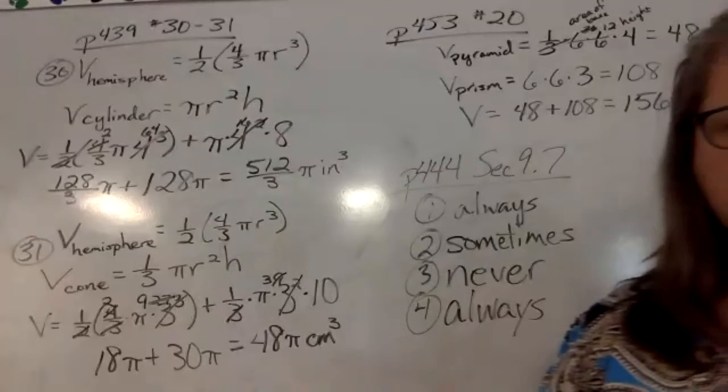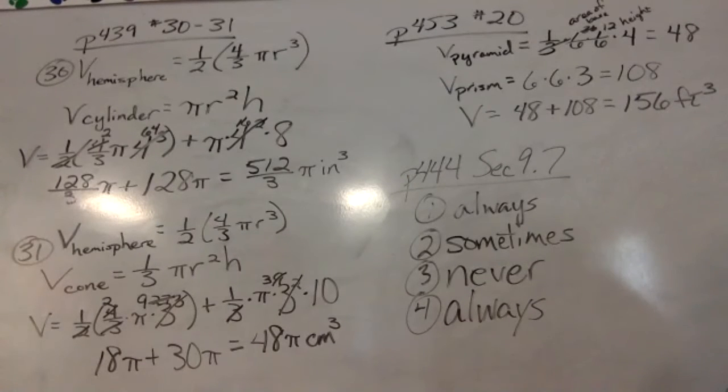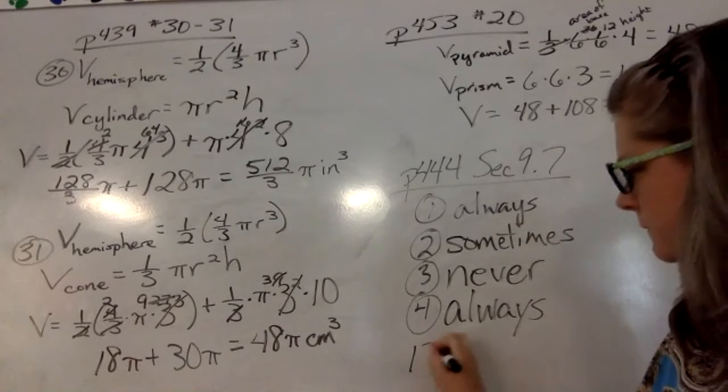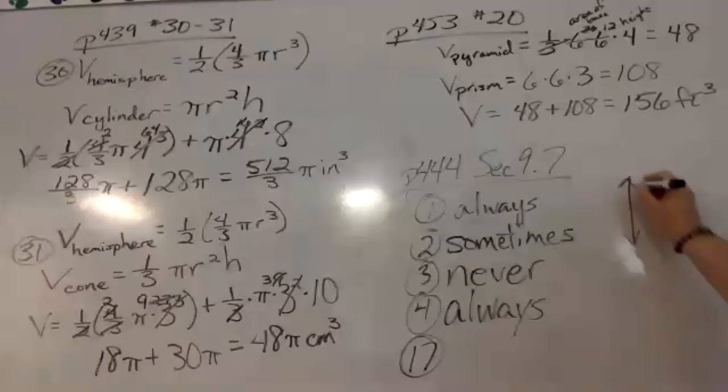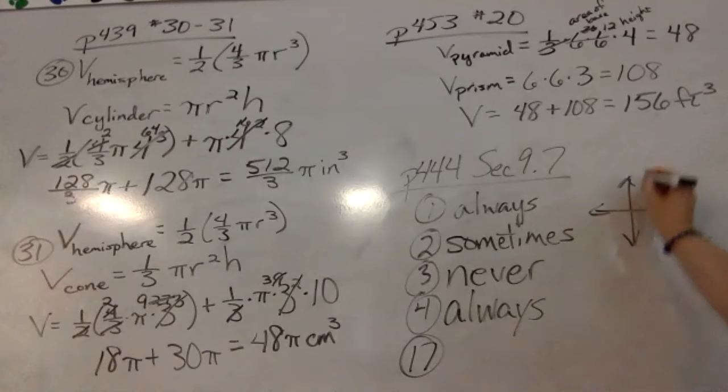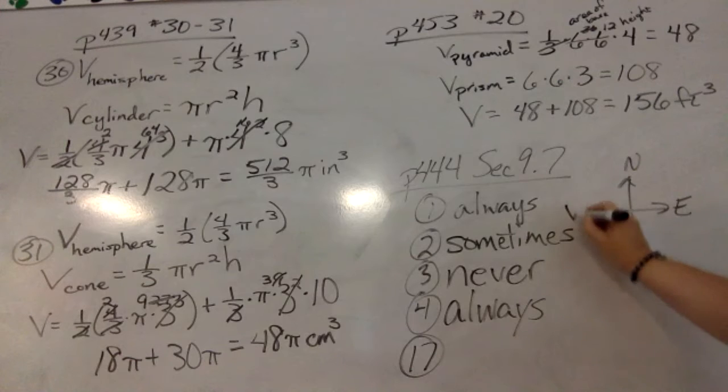Okay. Now, let's skip down to number 17 on that same page. It says, if you are walking south along a longitudinal line from the North Pole, so let's think about our directions, okay? This is going north, this is going south, this is east, this is west.